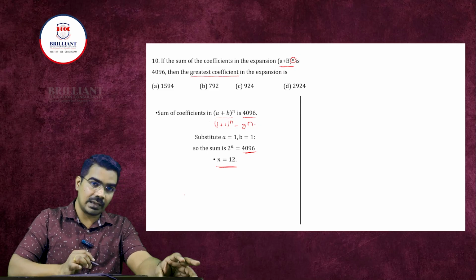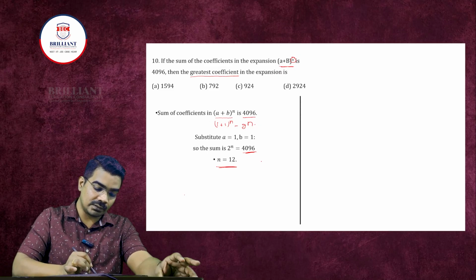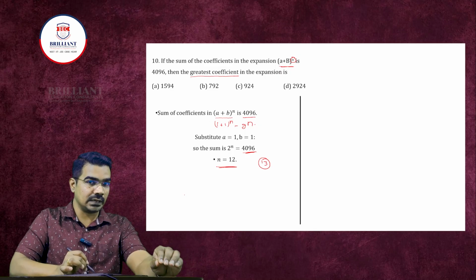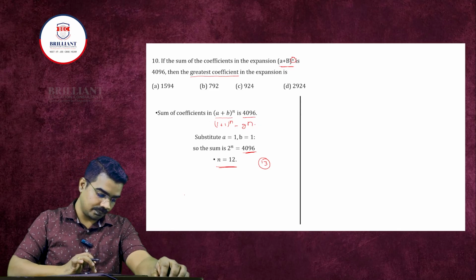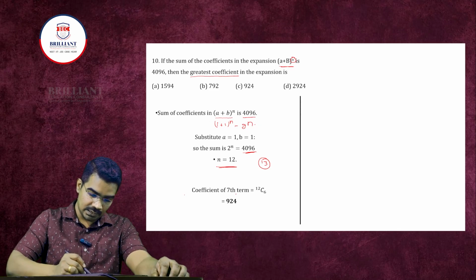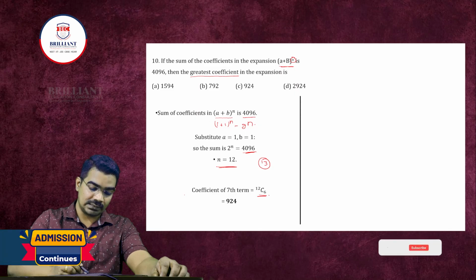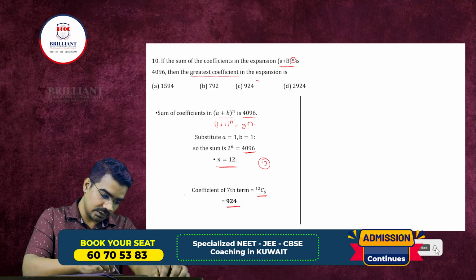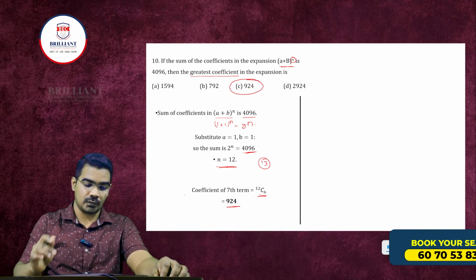So if n is 12, you have 13 terms. So 13 terms means the middle term is the greatest one. So that will be 6 plus 1, the 7th term. So the coefficient will be 12C6, that is 924. So the right answer is option number C, 924.